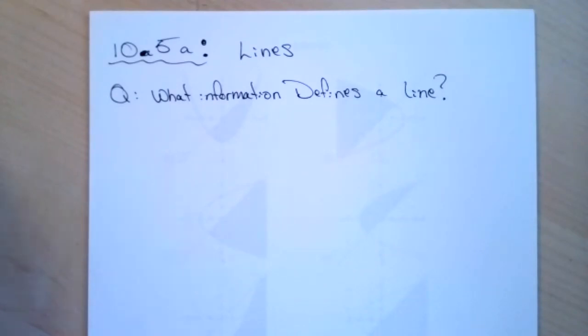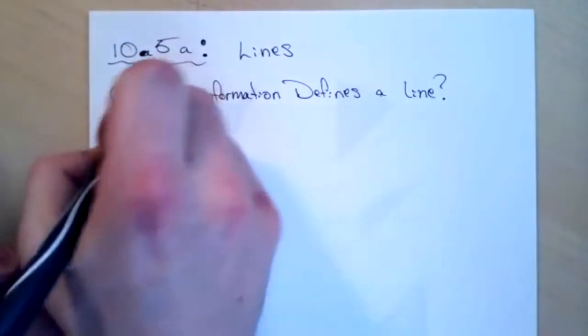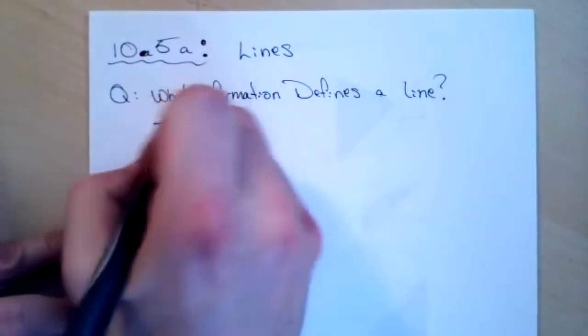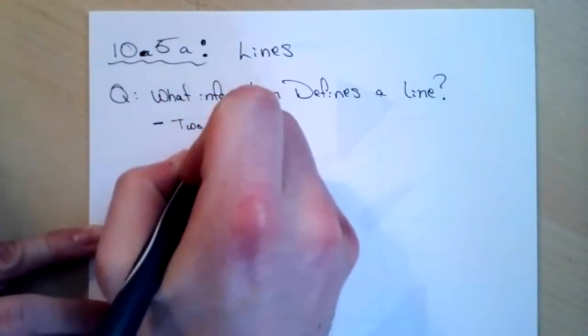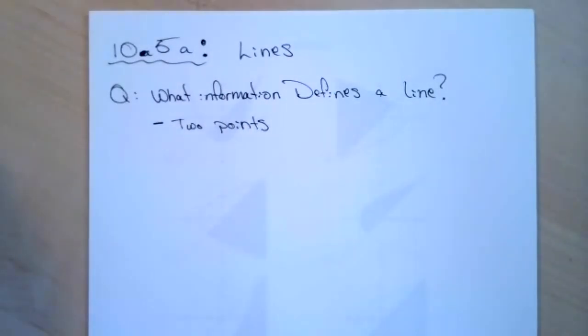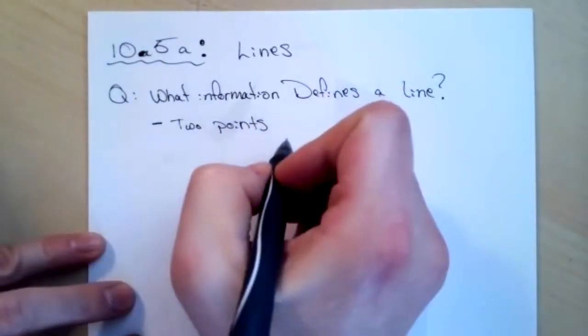So what information defines a line? Hopefully everyone remembers from Euclidean geometry. Most of the students will answer something like 2 points. In Euclidean geometry, you learn that any 2 points will define a line, and a unique line in particular. So that's a really good answer, but we want to think about it a little bit differently, especially in terms of this course.